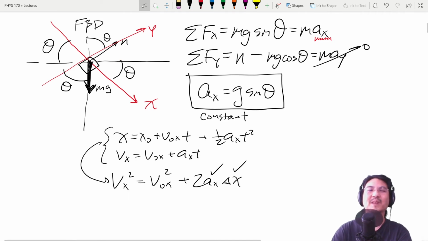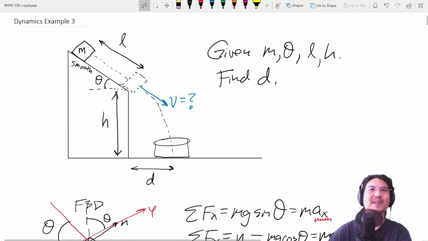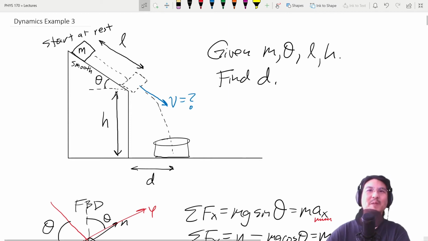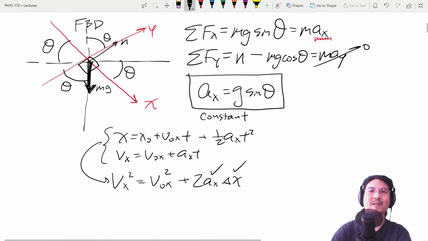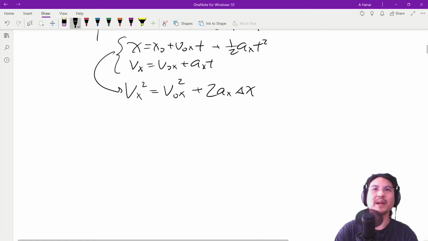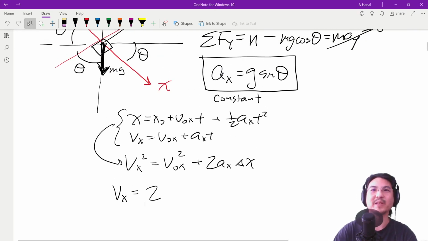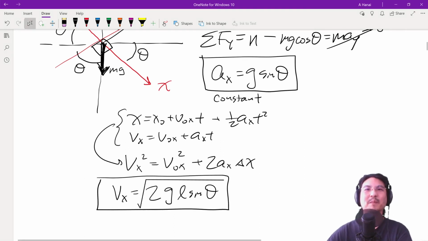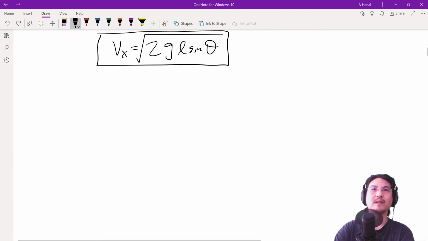I should have said, let's start at rest here. Start at rest, so that way we can just cross this out. So that's 0, and then 2 times the acceleration, g sine theta, times L. So we got the speed at the bottom of the ramp. It turns into a kinematics problem.